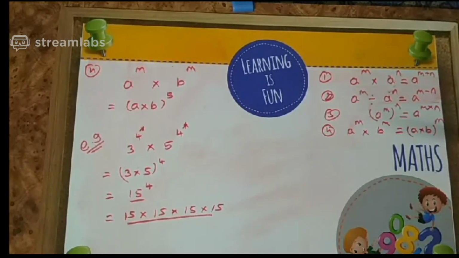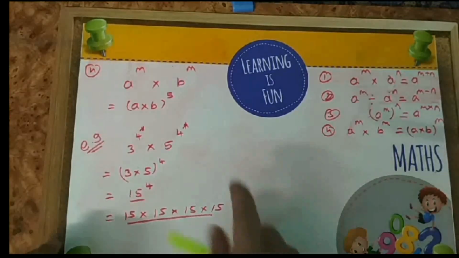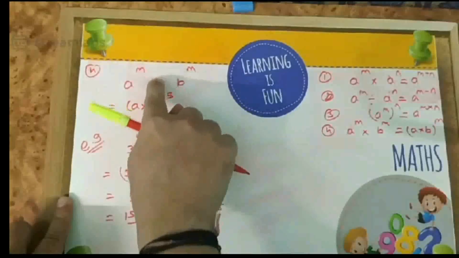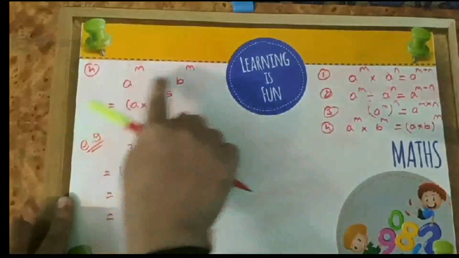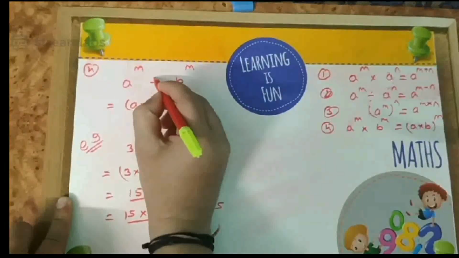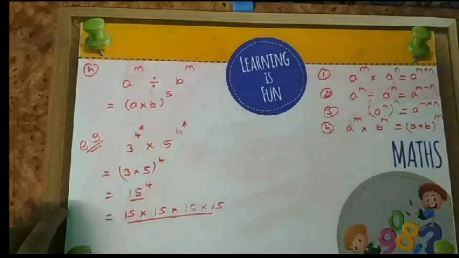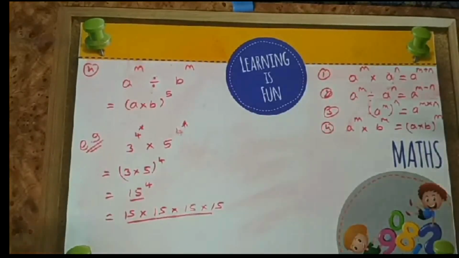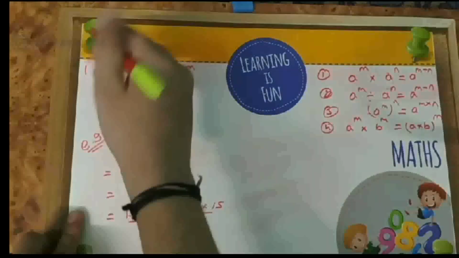Now the next law, dividing numbers with the same power but different base. We are making a slight change here. When the base is different and the power is the same, but between them we have a division sign, this will be law number 5.